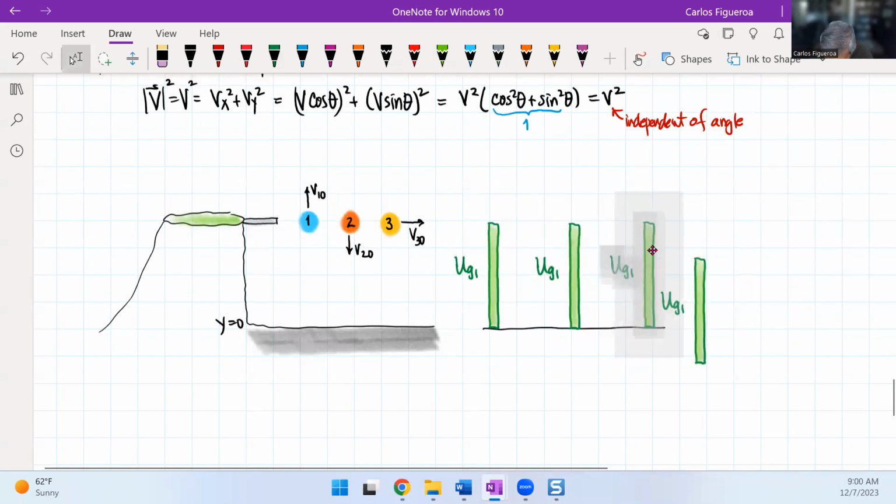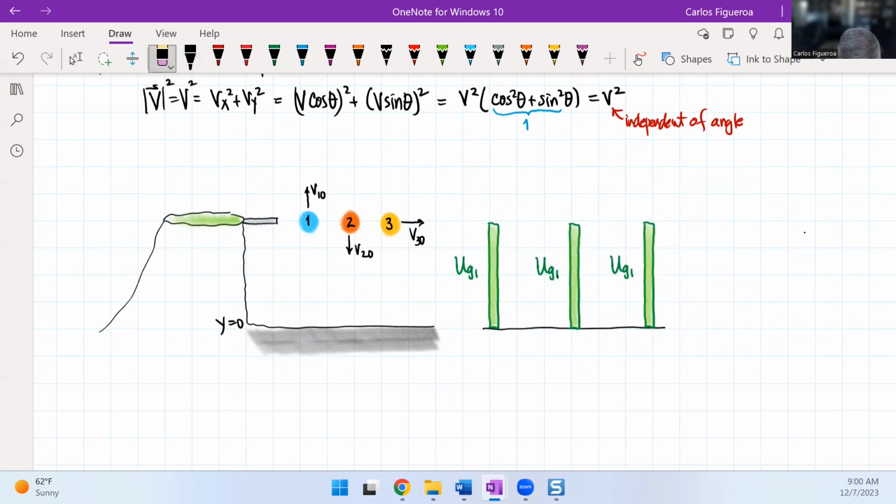The only thing that I'm going to do different here is that I'm going to change this to 2 and 3.